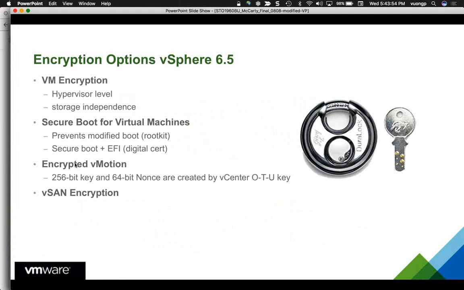You can see from the deck in front of you that there are certain ways to do encryption in terms of what you want to encrypt and some advantages to each one. I'm not going to focus too much on each of those because I wanted to focus on vSAN encryption. Every particular encryption has a specific use case and pros and cons. So that's up to you to decide which one is best.